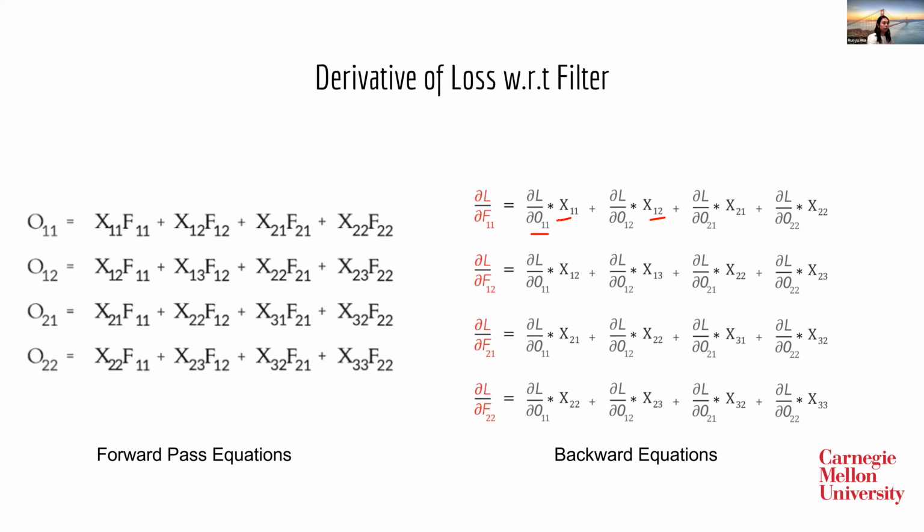As you can see here, the indices of this first derivative part and the indices of this x part are corresponding. So this is pretty similar to the convolutional part of our forward algorithm.